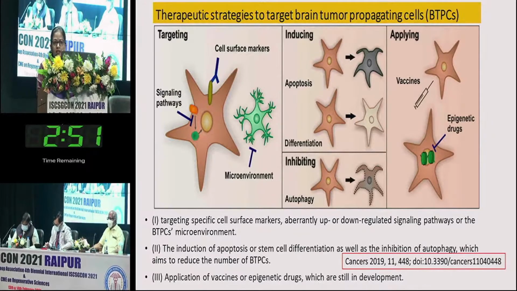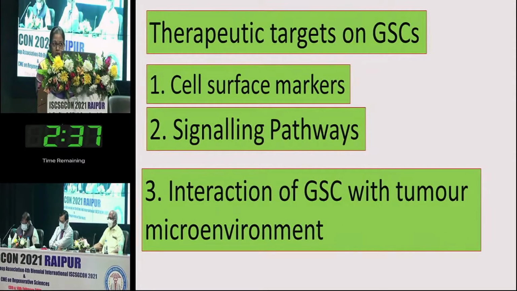There is induction of apoptosis in the tumor cell, differentiation, autophagy, and also these markers can serve as a starting point for making vaccines against these tumors and also epigenetic drugs. So the therapeutic targets, if I repeat again, would be to target the cell surface markers, signaling pathways, and interaction of these cells with the tumor microenvironment.